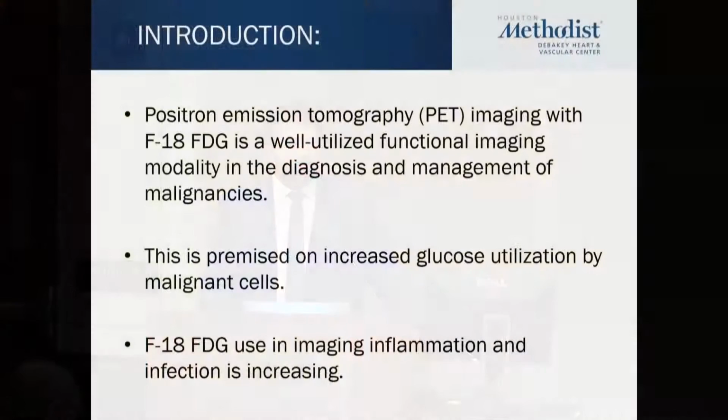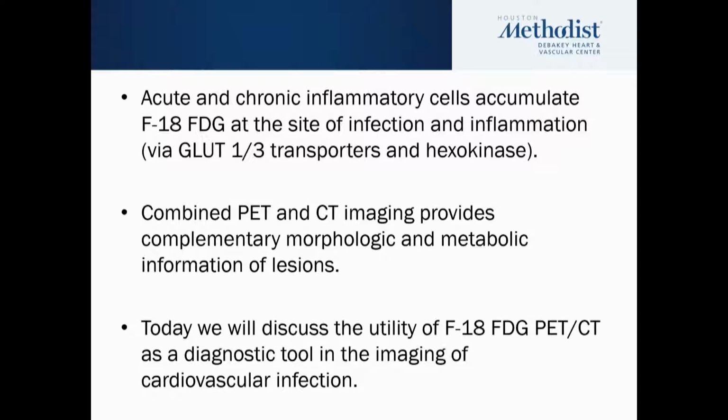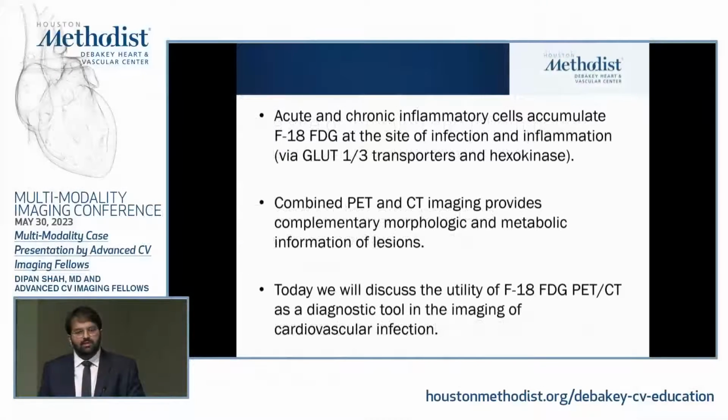So, as I said, PET imaging has been around for a long time, being used by oncology. FDG PET has been a very well utilized modality for malignancies, and that's because malignant cells take up glucose and have increased utilization of glucose. Similar to malignant cells, inflammatory cells also use up a lot of glucose at the sites of infection and inflammation.